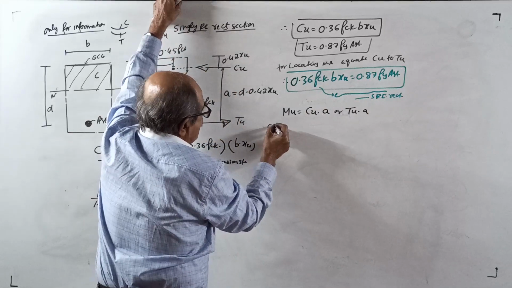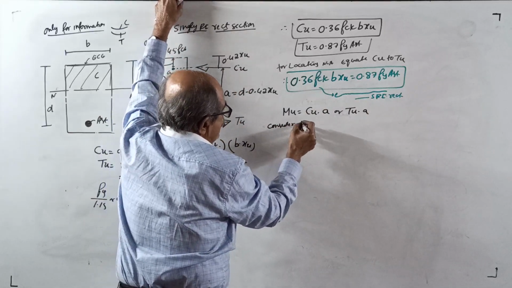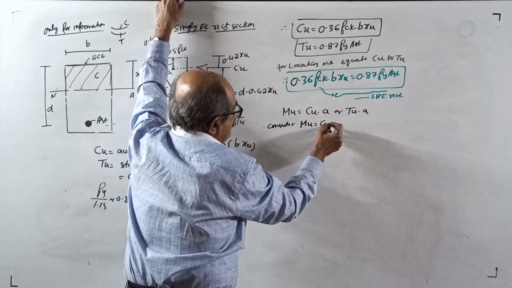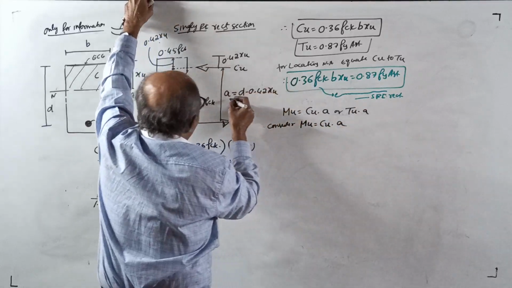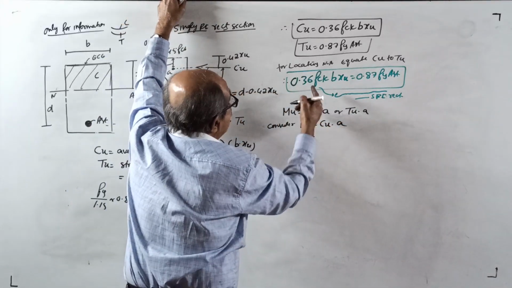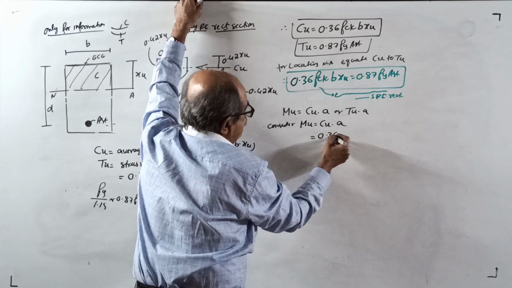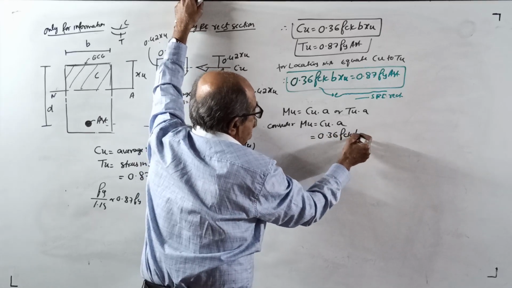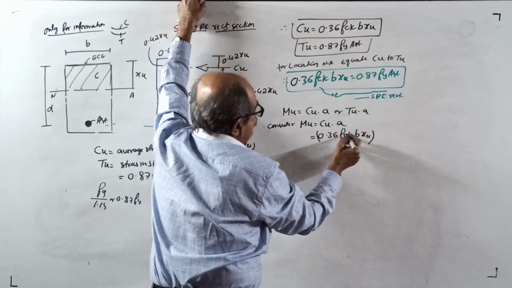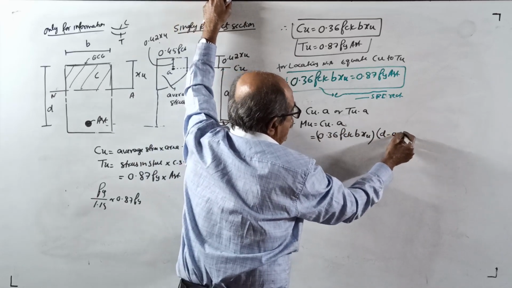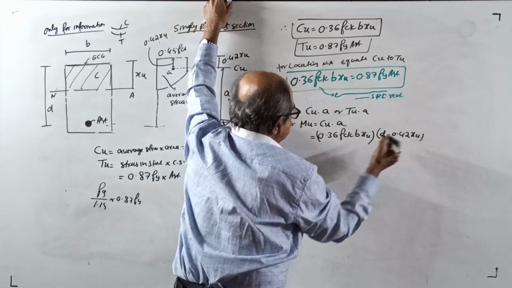Start. Consider Mu equal to Cu into a. You already know a. It will become 0.36 fck into b into xu into a, where a is d minus 0.42 xu.